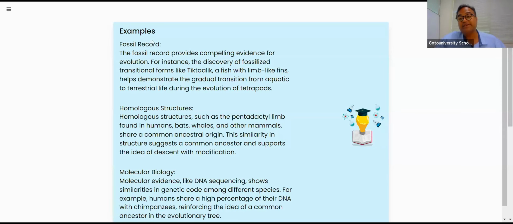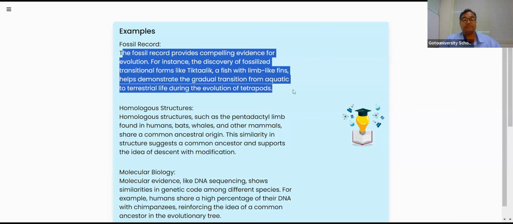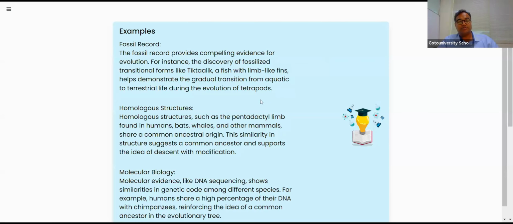Any of you having any examples, explanation about the fossil fuels? Yes, of course, fossil records. The fossil records provide a complete evidence of the evolution. So there is a message we need to understand. Now we are coming to the homologous structure.